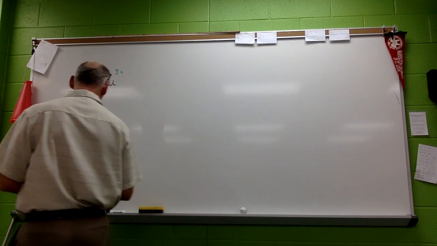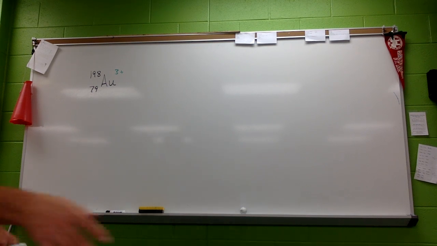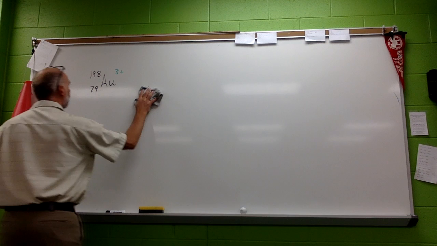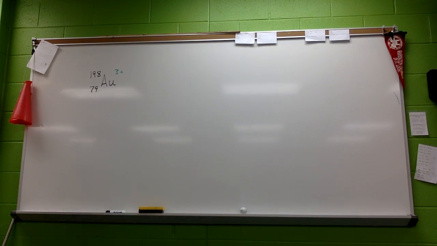All right, next. So what does all that mean? Well, don't write anything down until I say write this down, because I sometimes forget what I'm writing. Just for fun, how many electrons would this species have? 80?